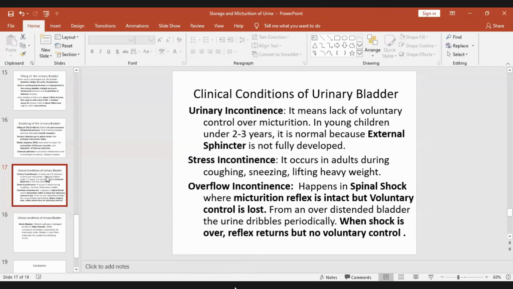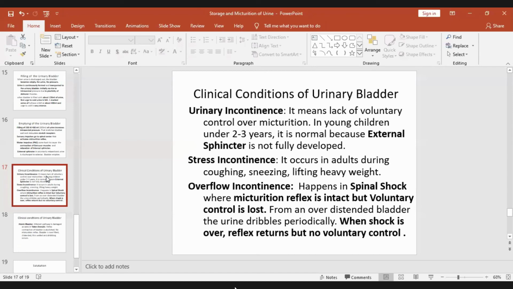In young children, up to the age of 2-3 years, they are in a habitual bed-wetting. The reason being that their external sphincter is not controlled up to that level. External sphincter requires control over the urinary bladder.